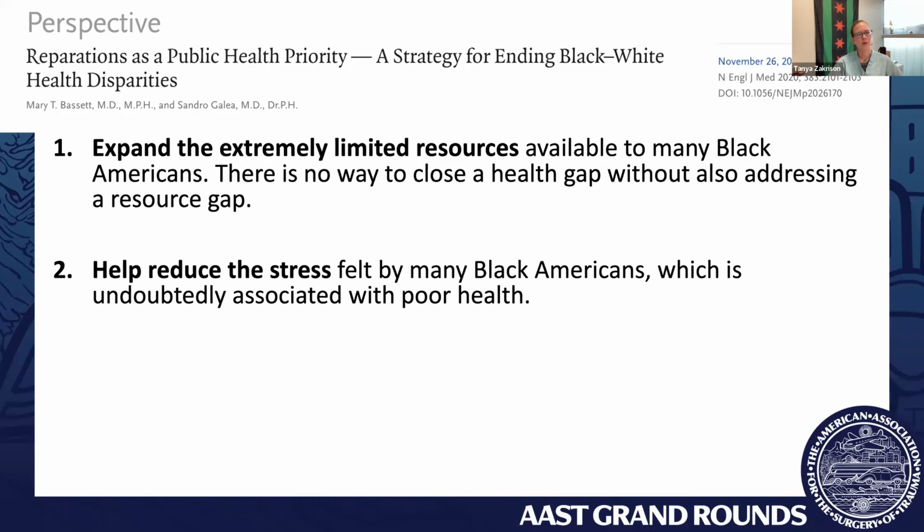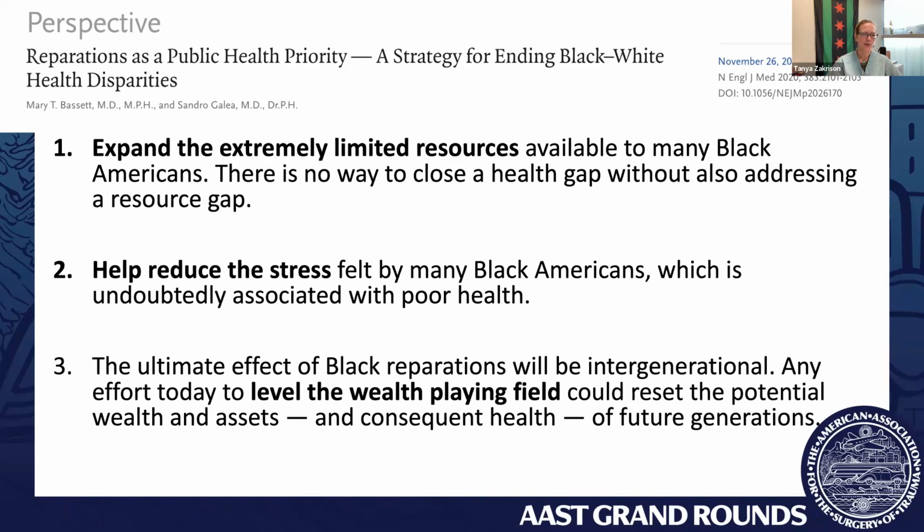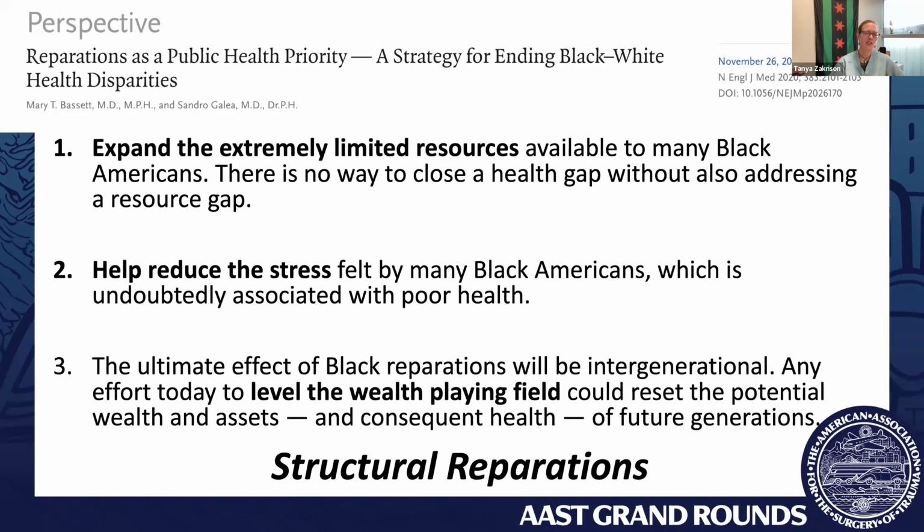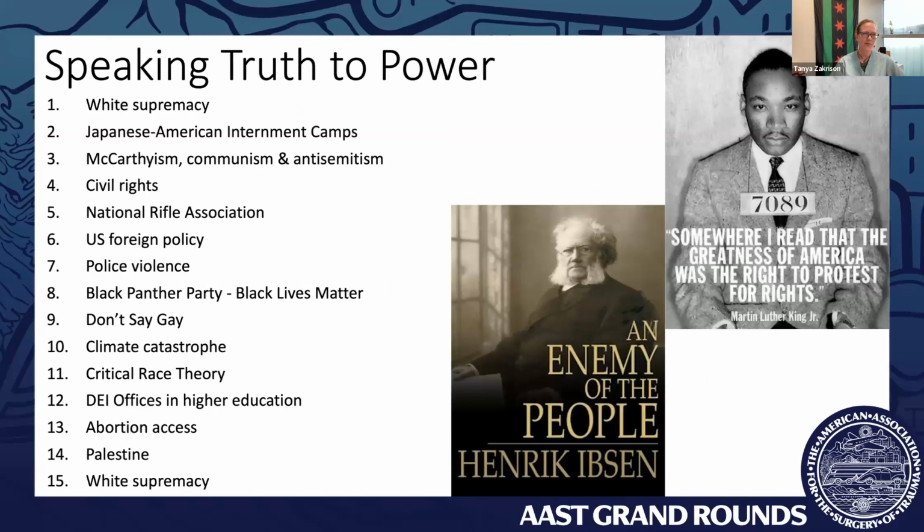We need to think about how we reduce the stress, or the allostatic load, felt by many Black Americans, and also level the wealth playing field. What's very interesting to me is we actually already are using structural reparations and have across the United States, but we're using it just north of Chicago for families who have been redlined. And it's going to be interesting to see and measure what the public health implications of those reparations have been.